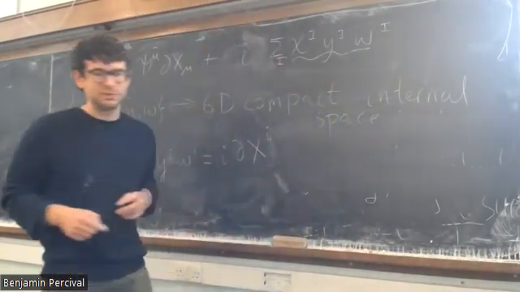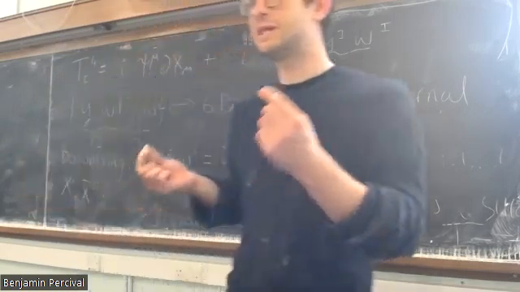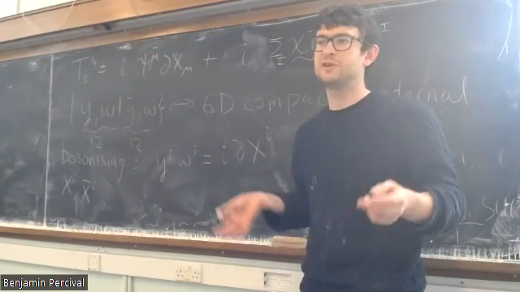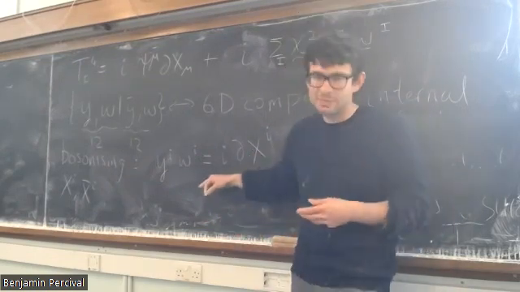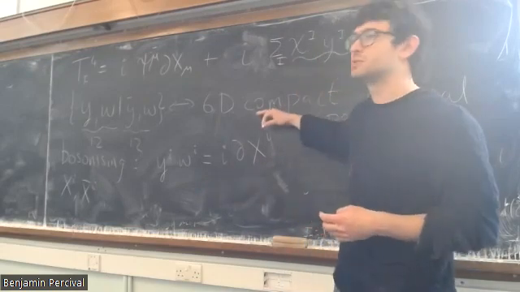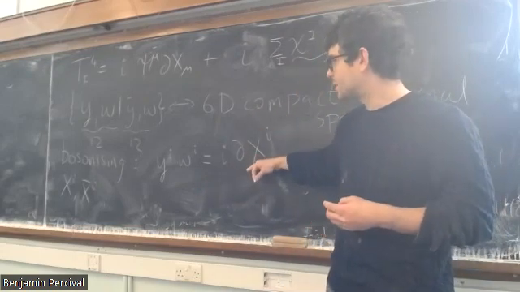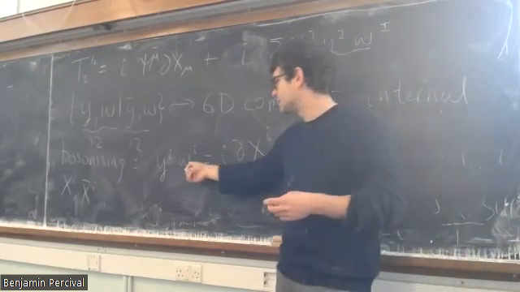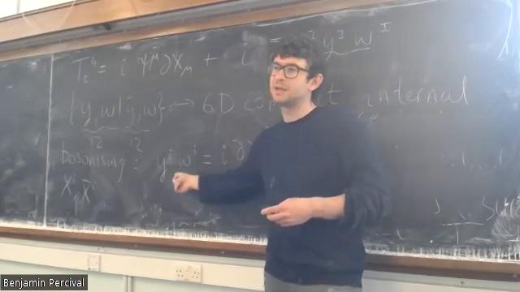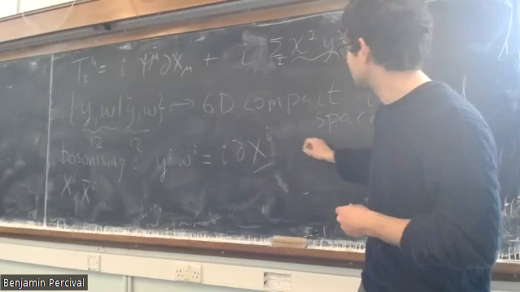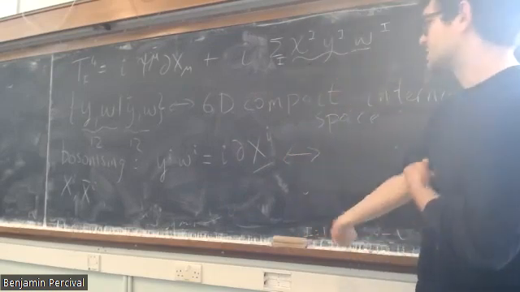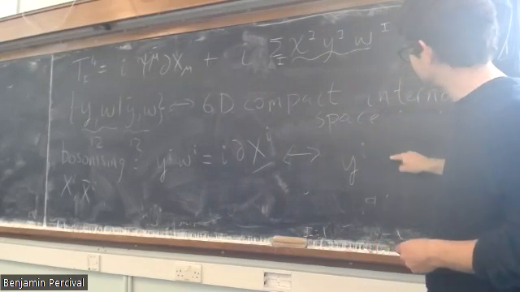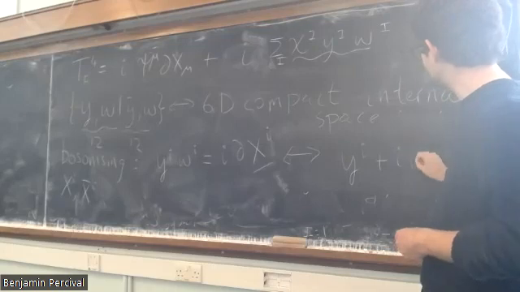That's how you would start off making the connection between what we're doing, this worldsheet conformal field theory perspective, and a more geometric picture of a 6-dimensional space where the coordinates are xi. This equation is a way to make a connection between the two. This is actually equivalent in the end to yi plus iw.